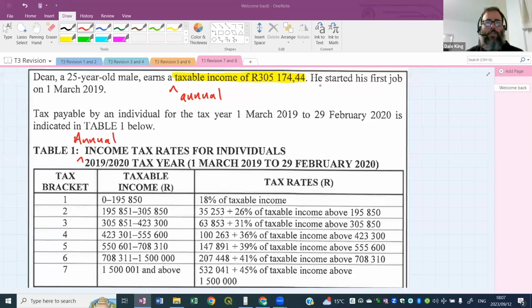All right, good. Yes, he's in number 2. He's got 305,175, and number 2 goes up to 305,850. If you go over 305,850, you will have to go into number 3.